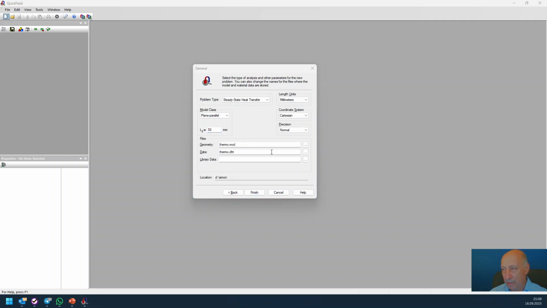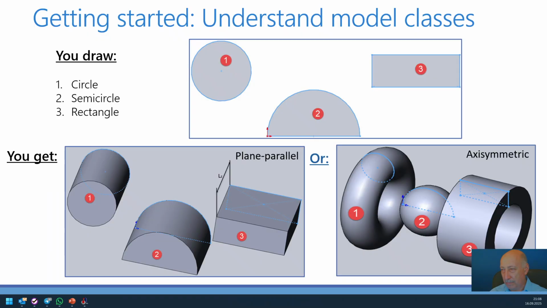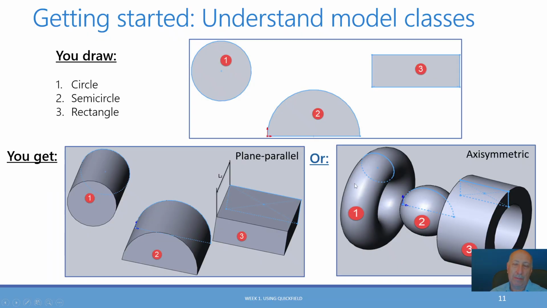go back to our picture, and what happens if we opt for an axisymmetrical model? Our circle is extruded as a torus, this one.